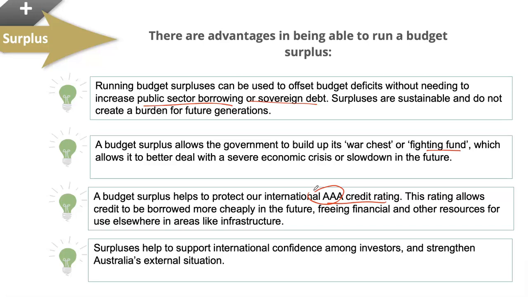This allows us to get debt cheaply, allows us to use that debt, hopefully effectively, to build infrastructure, and it's cheap. These surpluses also help the confidence that future international investors have. So it helps support our international confidence among our investors and helps us be a country that foreign investors are happy to invest in.